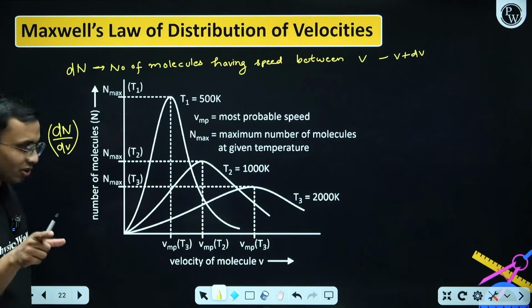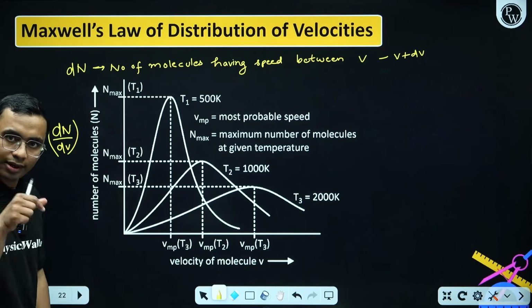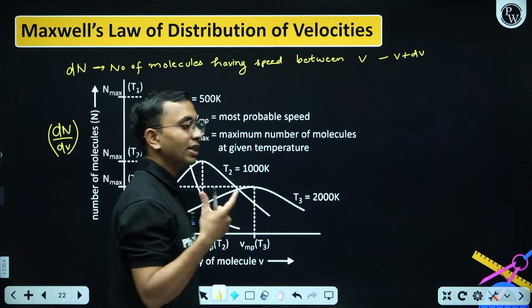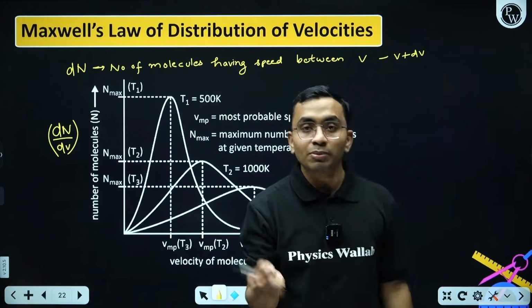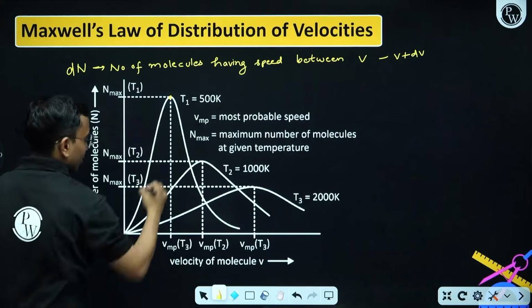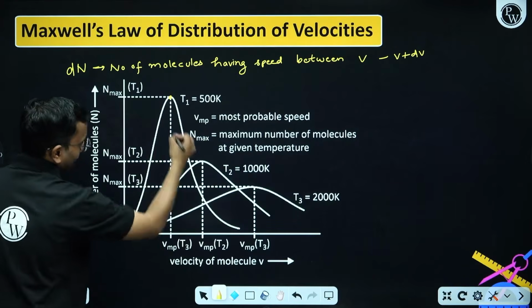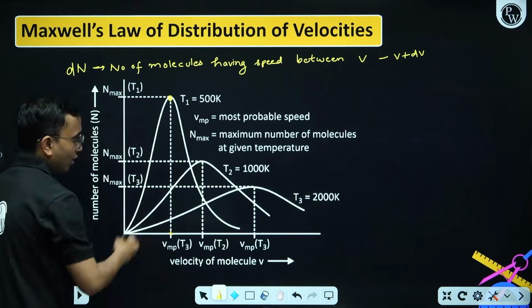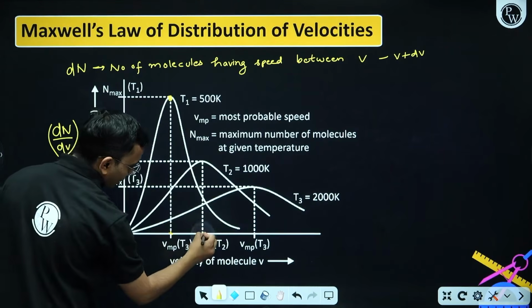Now the maximum number of molecules is having the most probable speed, isn't it? As I mentioned, the most probable speed is the speed possessed by the maximum number of molecules. So for this curve, the maximum number of molecules is having this particular speed. This is my most probable speed. For another temperature, this is the most probable speed.